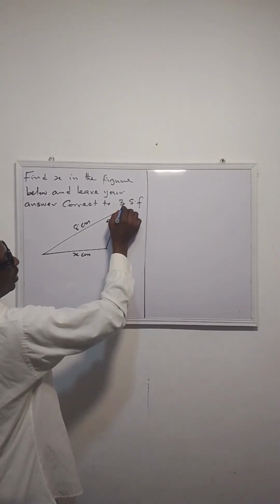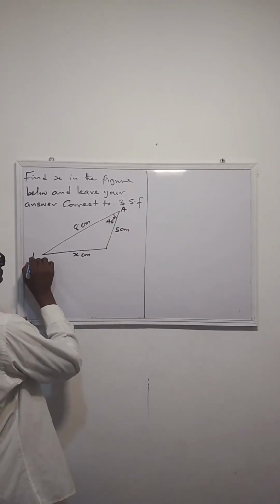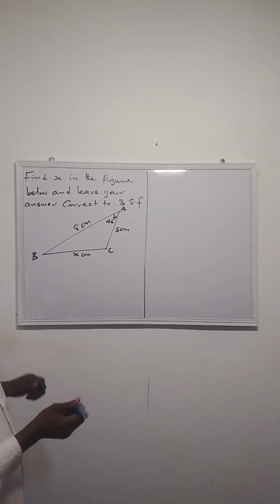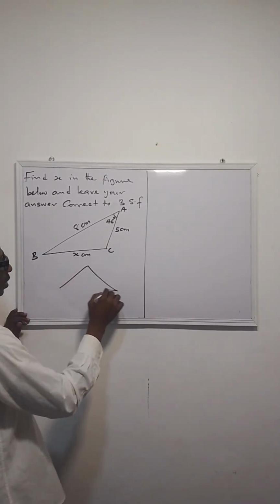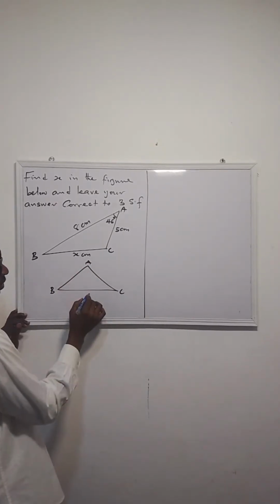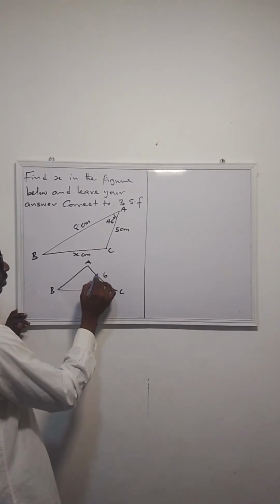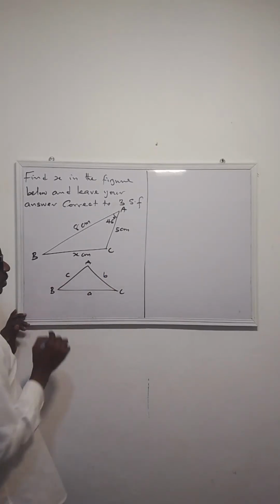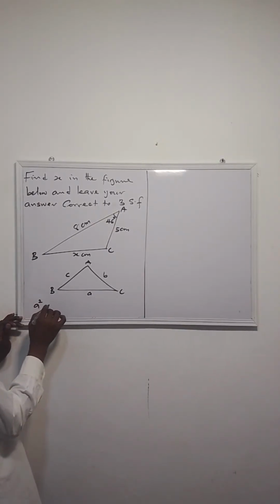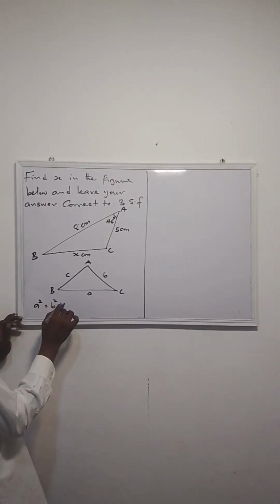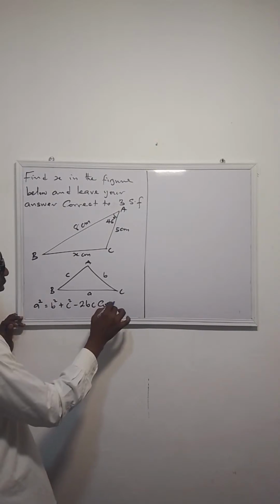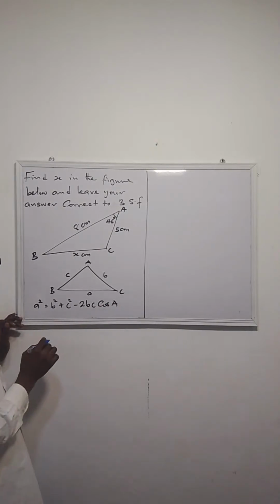So I quickly label this. Let me label this A, B, and C. Now, what is cosine rule saying? I'm going to show you here. Look at this. If you have A, B, C, and this is side A, this is side B, and this is side C. Now, cosine rule, we have a squared equals b squared plus c squared minus 2bc cos A. All right.